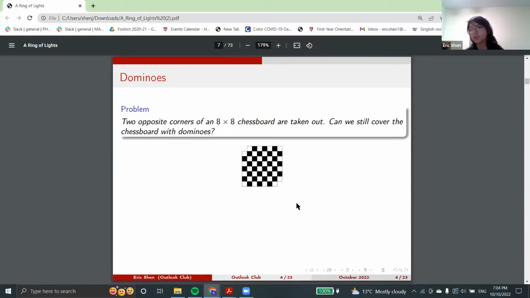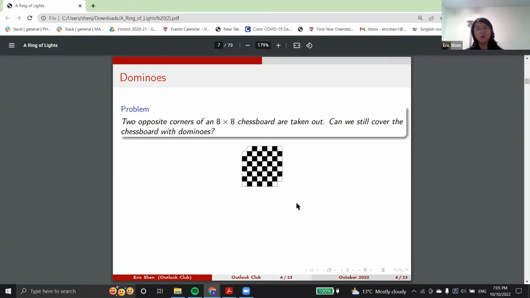Why? Well, what we can do is color the chessboard with our usual chessboard coloring, black and white. First of all, if we take out two opposite corners, these opposite corners always have the same color. So originally in our 8x8 chessboard, we started with the same number of black and white squares. But now we have more white than black in this specific chessboard.